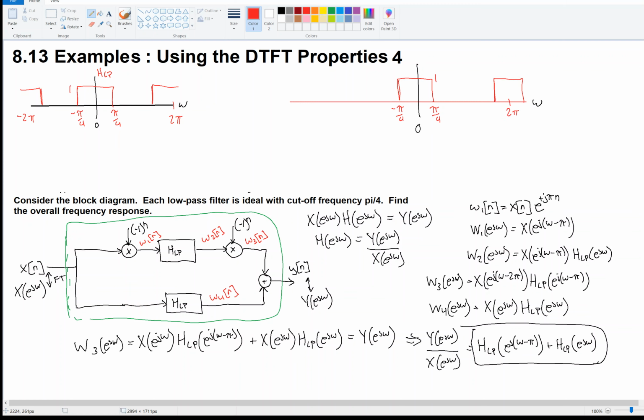It has to be periodic with period 2 pi. It goes on forever. So that's this term here, the original low pass. Then we take this low pass and we shift it up by pi. So now we've got something that looks like this, pi.